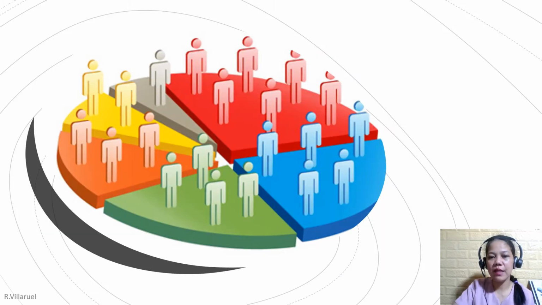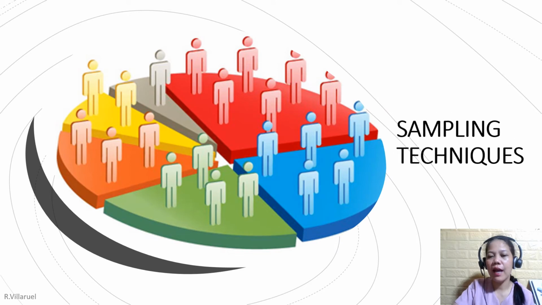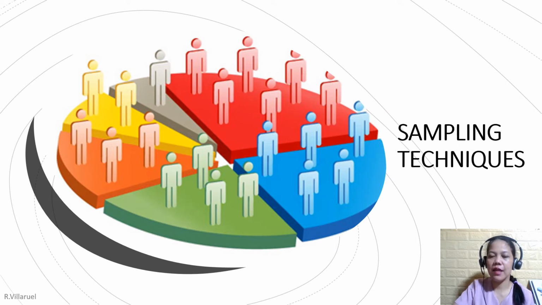Moving on to my second topic, we have the sampling techniques. So, ito yung pag-gather na ng data. So, kailangan na natin ng mga respondents, yung mga sasagot dun sa research instrument nyo.